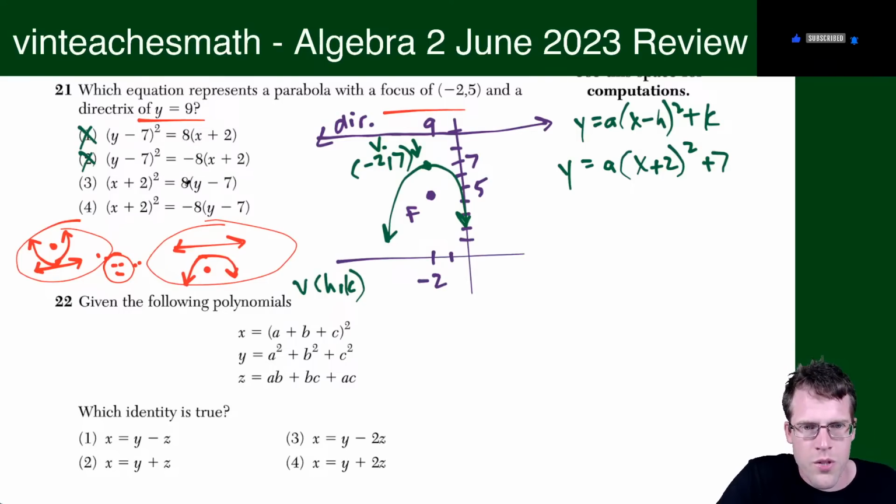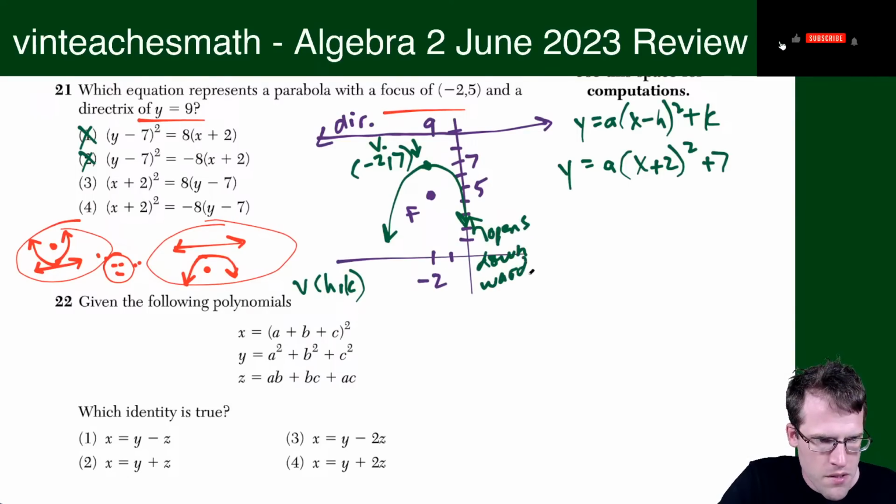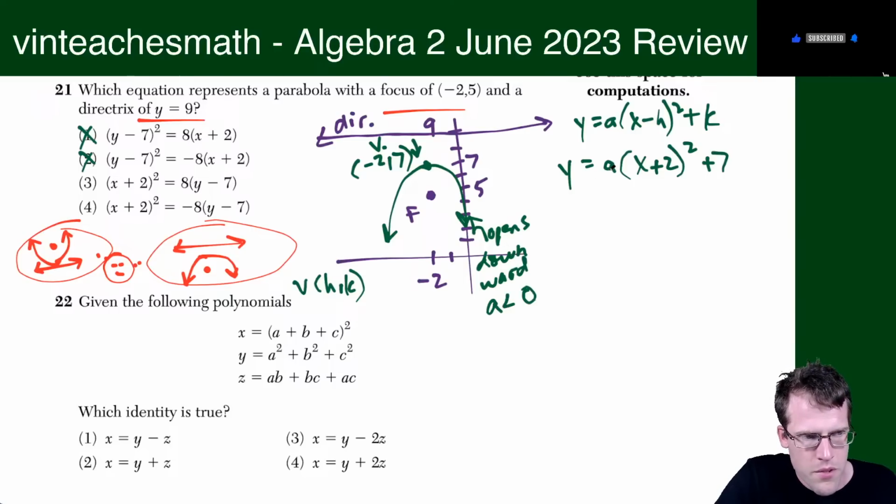But then you're like, oh no, which one is it? Well, if you think about it, this opens downward, which means a has to be negative. Those are the only parabolas where it opens downward. So here we would need a to be less than 0. That's why this one is looking good.